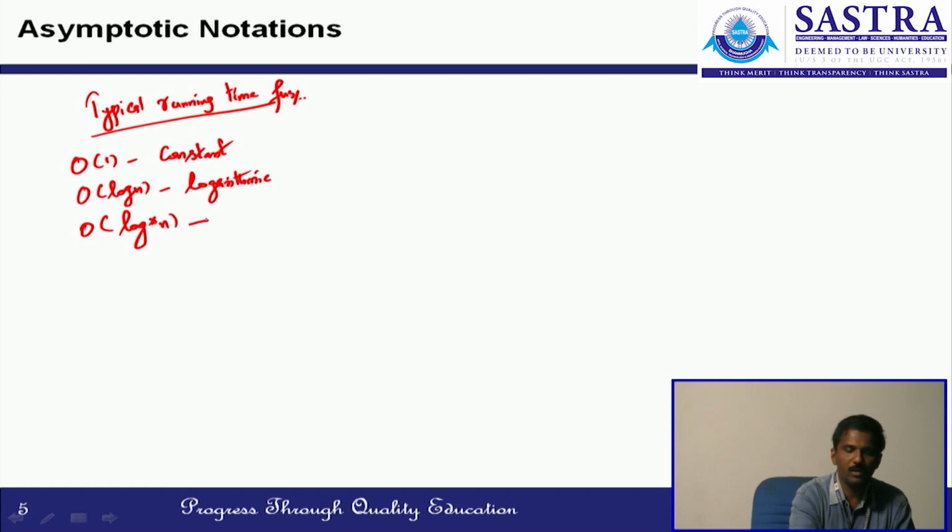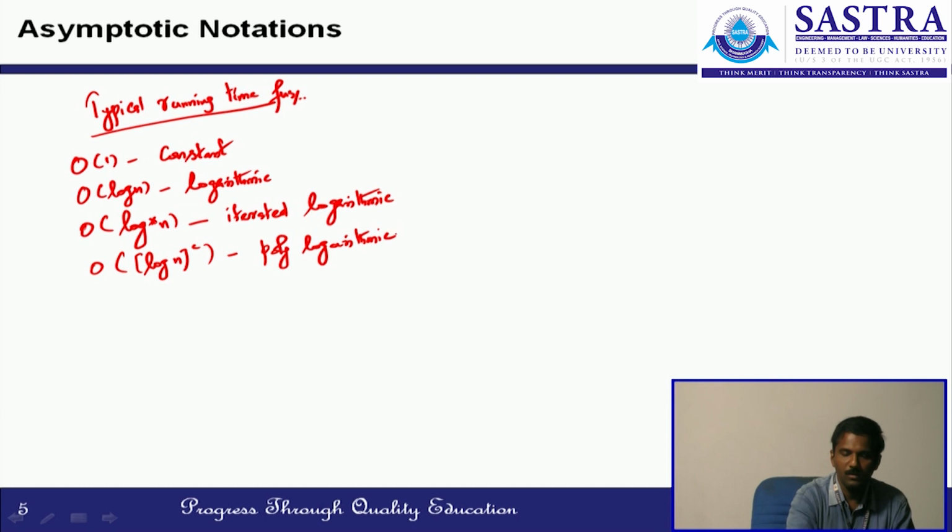Big O of log star n, this is the iterated logarithmic computational function. Big O of log n whole power c, this is polylogarithmic computational complexity.